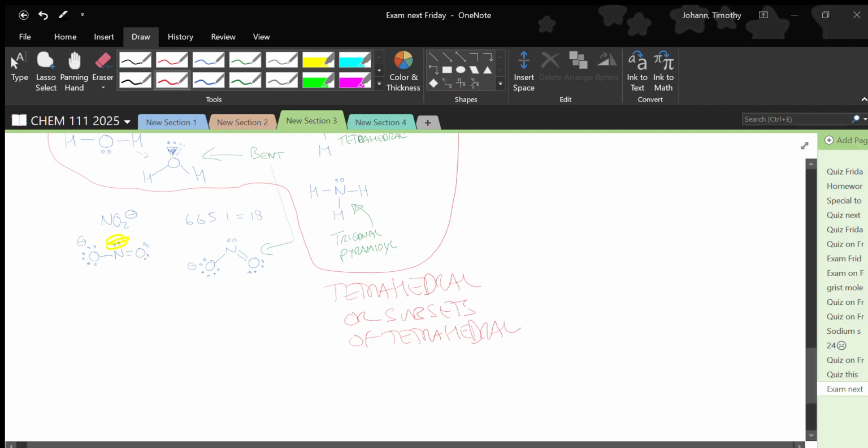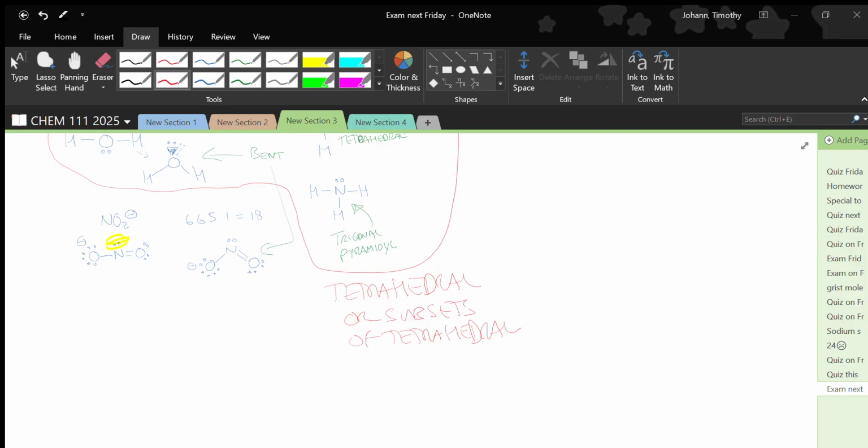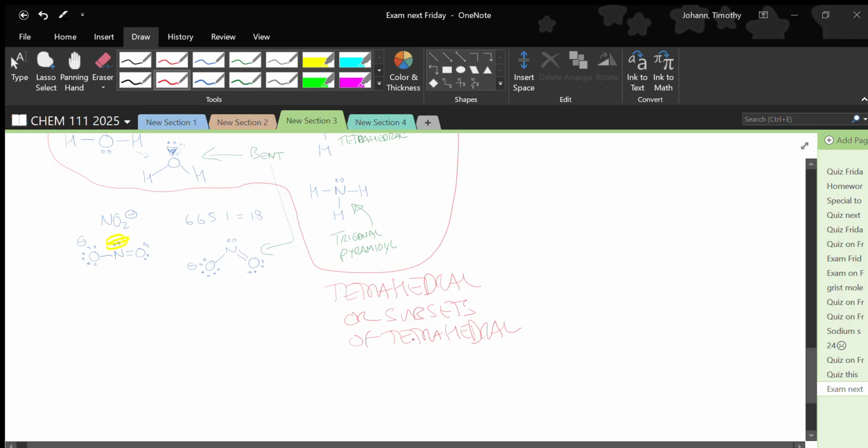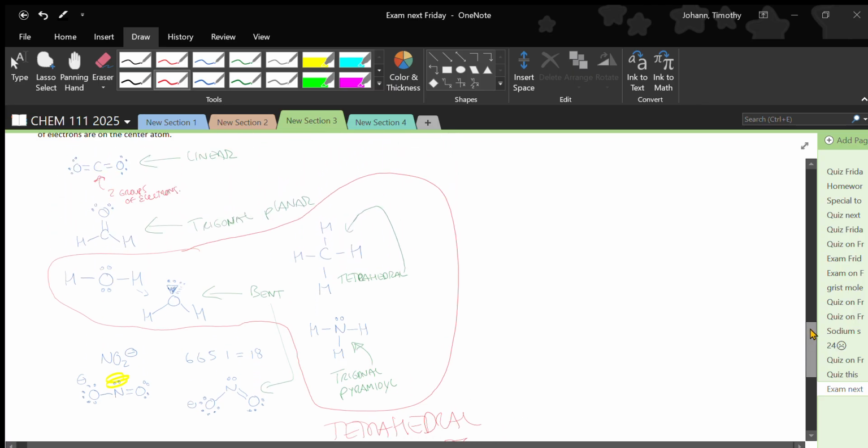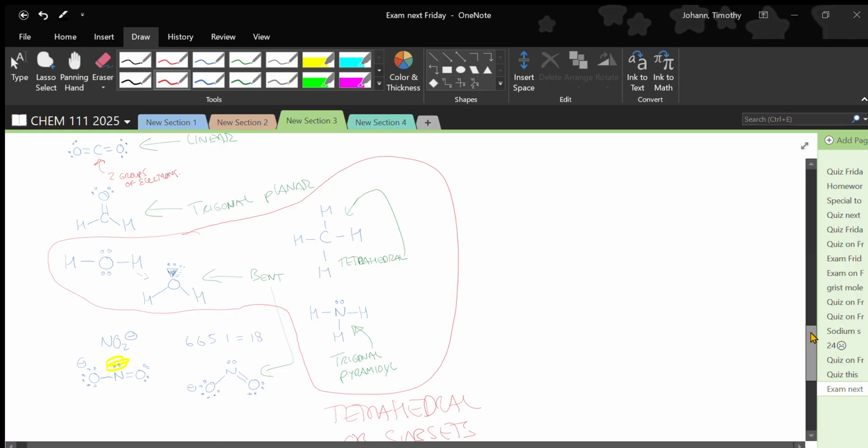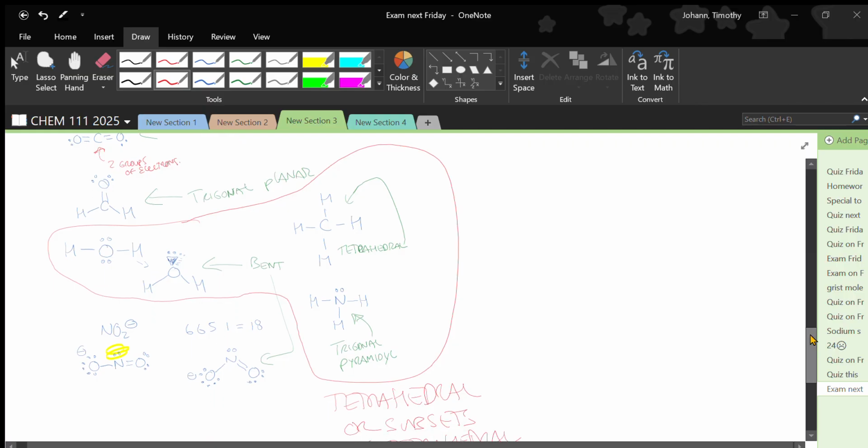They're all tetrahedral, but we only name the shapes of the atoms. So as we replace atoms with electrons, we get different shapes. Does that make sense? You see how we're getting the shapes? It's just things moving as far away from each other in space as possible. All right, so that was 4 things.